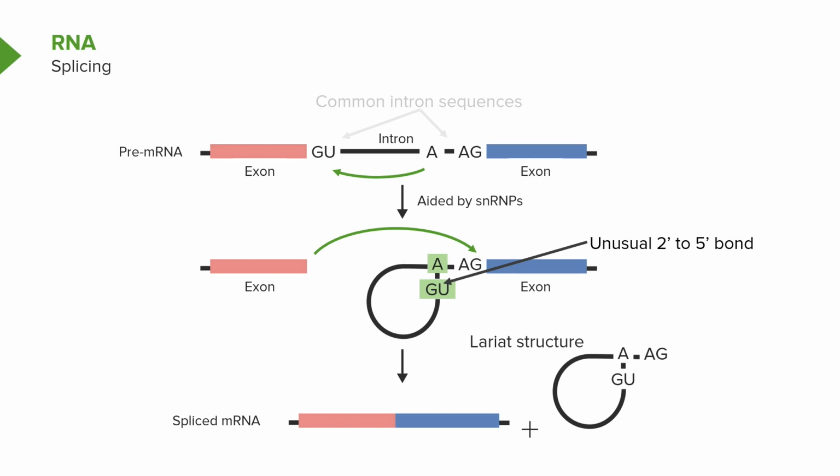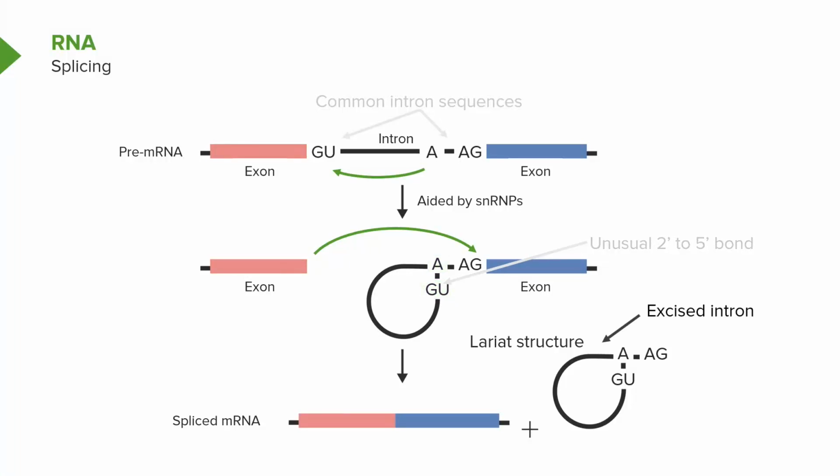So that 5' 3', 5' 3' carries all the way through an RNA and a DNA. But this bond right here is unusual in that instead of having a 5' 3' bond, it has a 5' 2' bond. And that's because the 2' hydroxyl is available and it's what's making the nucleophilic attack that I mentioned. It's an unusual structure, but this is the one place in biology where it occurs.